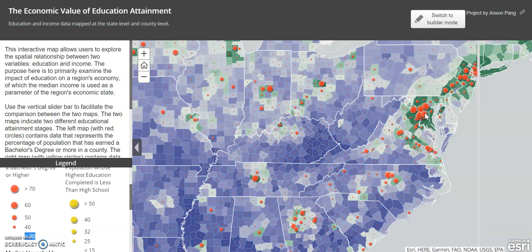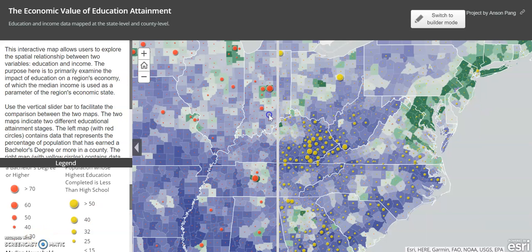And we can see that the largest circles usually lie on top of the green polygons, and we can see a correlation happening. I just want to note that I've also played around with data classification, and around 65% of the data are in the smallest category to highlight trends.